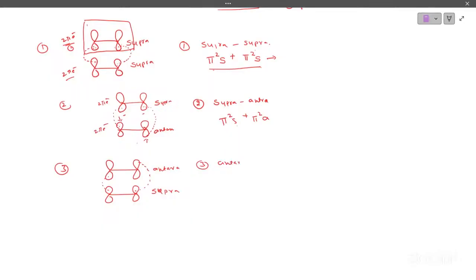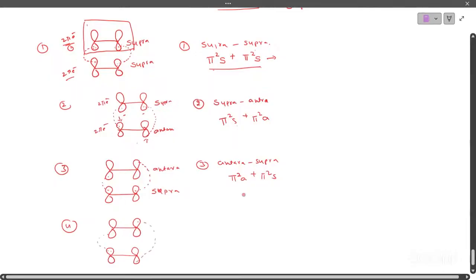Antara-supra. Suppose the phi systems are with the 2 electrons, pi 2a plus pi 2s. Next, the fourth one. To make it, this is the standard interaction, and the second interaction may lead to different.